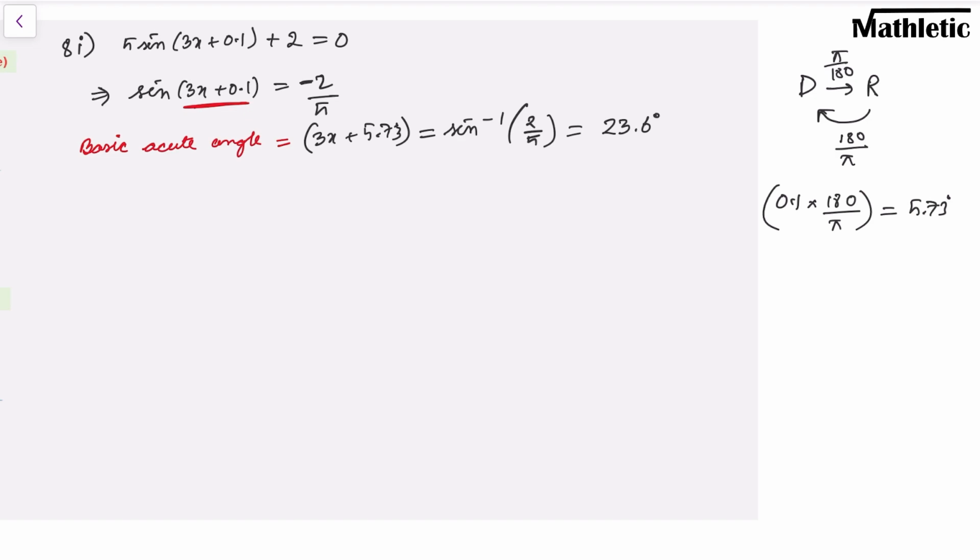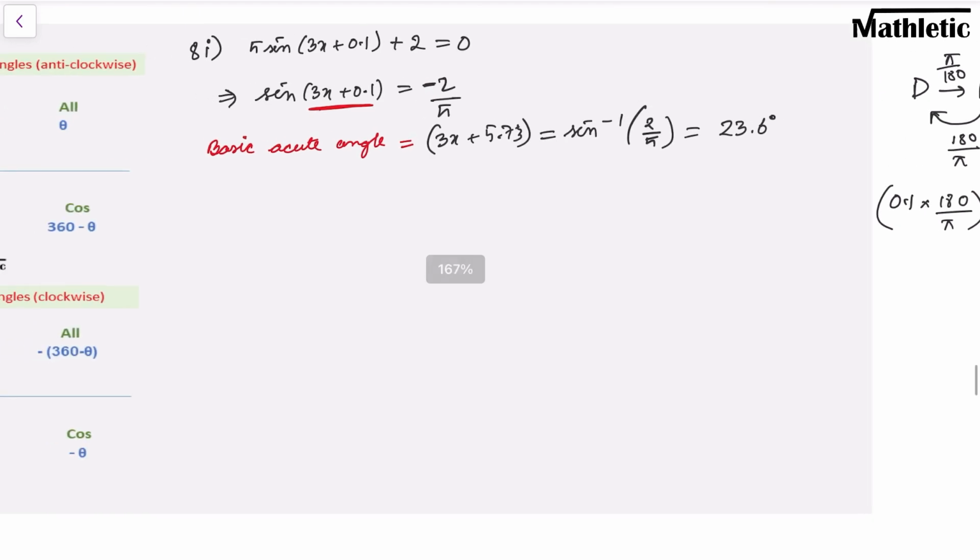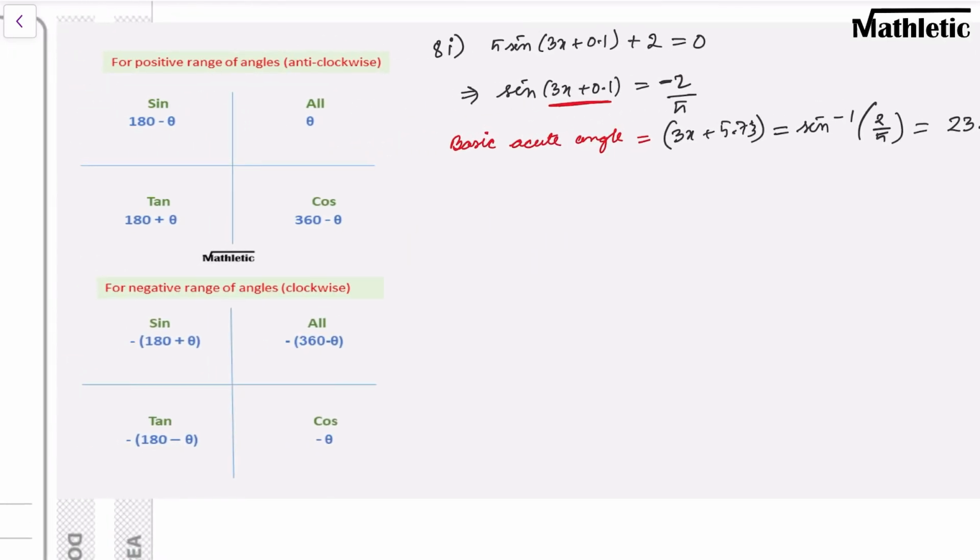Okay, so this is a problem of sine, and we have a negative sign over here. We need to have an idea about this. This is quadrant 1, 2, 3, 4: all, sine, tan, cos. So since we are dealing with sine, it is positive in the first and second quadrant. We have a negative sign over here. It means we need to select the opposite quadrants, third and fourth.